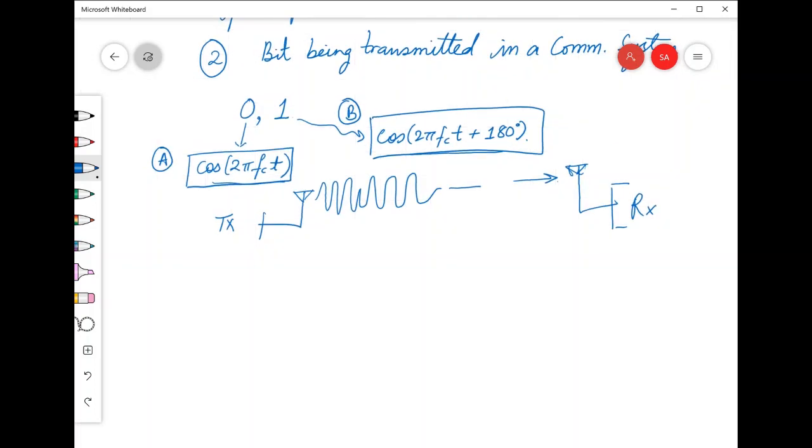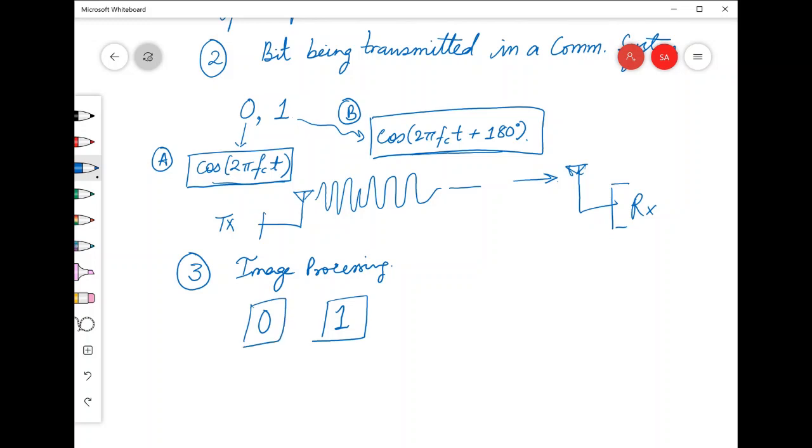The third example I'm going to take is from image processing. Suppose you want to figure out which digit is there in the image. I am writing a 0 here, and I am writing a 1 here. You have to detect from an image whether I am writing a 0 or a 1, and so on.